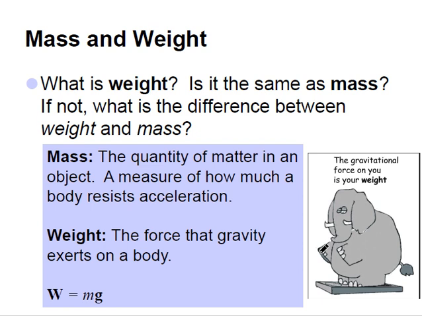So anyway, the quantity of matter in an object is your mass. Now it is a measure of an object resisting acceleration, and we call that inertia. So mass is just a measurement. Why? Because you have matter in an object, the object of your interest, in this case the elephant.